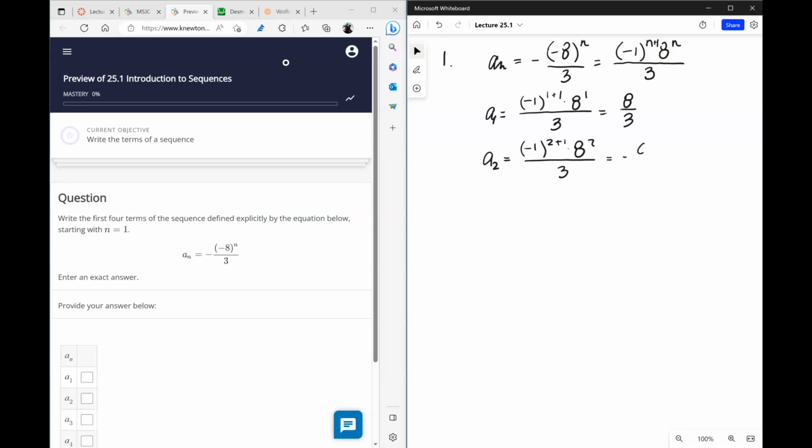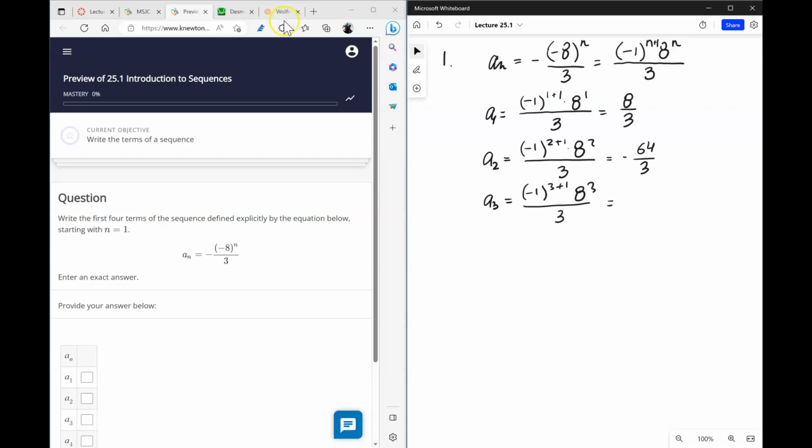And the answer is -64/3, and so on. Note that the negative just means that the sign is changing every other term.